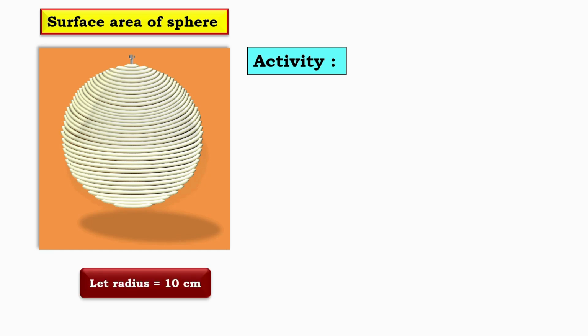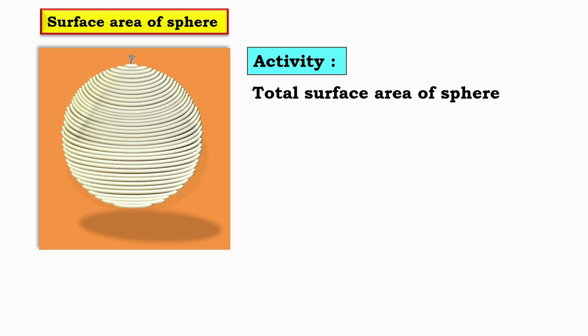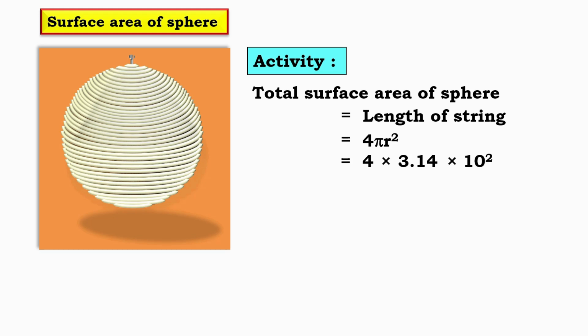Now let the radius be 10 centimeter. So the total surface area of the sphere is equal to the total length of the string required. That is equal to 4 pi r square. Now 4 into pi means 3.14, and r we have considered as 10, so that is 10 square.